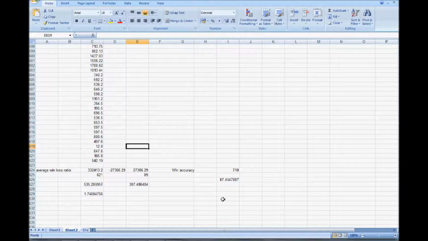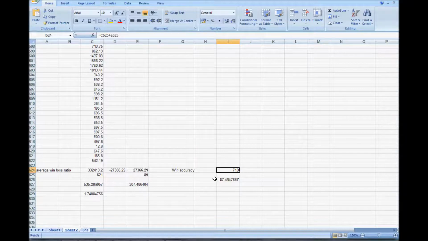The next bit of information we need is our win accuracy, and all I've done here is this figure, which is 621, plus this figure, which equals 710.